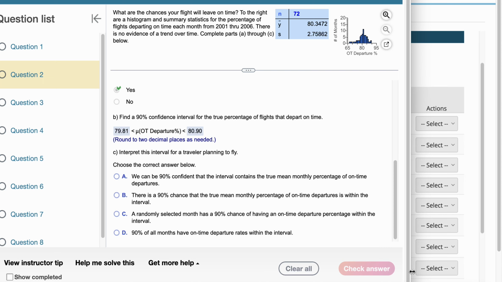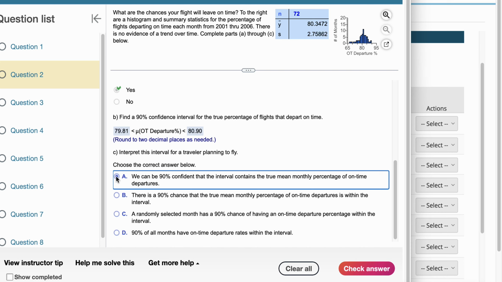Chance is not a statistical word. All months is not a statistical word. There's the word chance again. That's not a statistical word. So I think we're going to go with A. We can be 90% confident that the interval contains the true mean percentage of flights that depart on time.